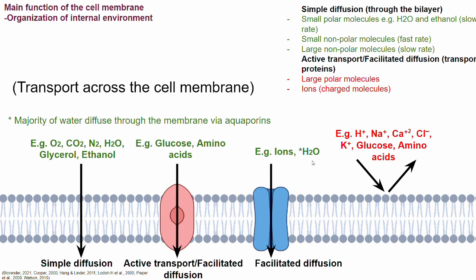Now, as you can see, I said water here and there, because water can go straight through the lipid bilayer without the need of proteins, but at a very slow rate. The majority of water needs protein channels in order to go inside or outside the cell, and this is the fastest way. These channels are called aquaporins.